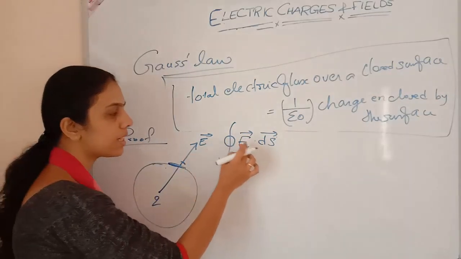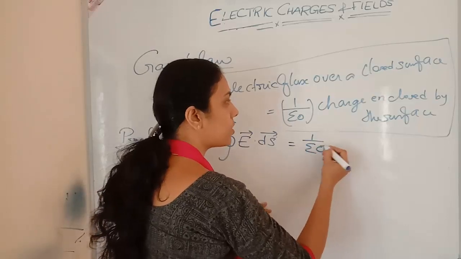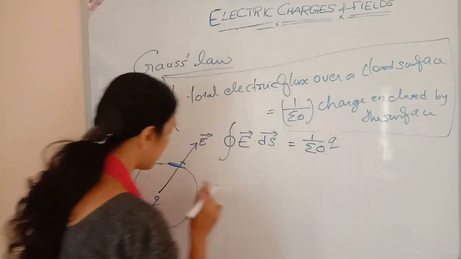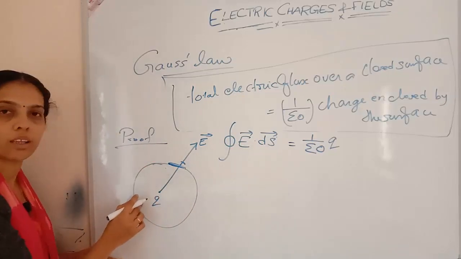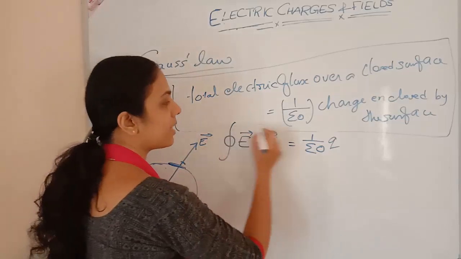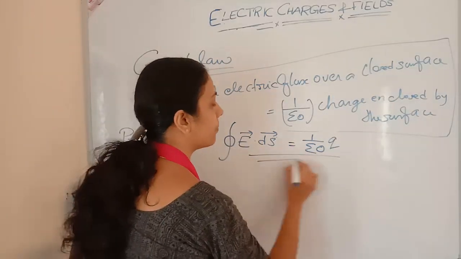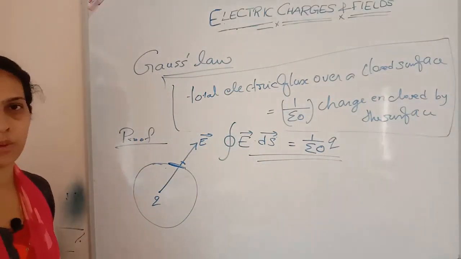So closed integral E dot ds is equal to 1 by epsilon 0 times q, the charges inside. If q1, q2, q3, q4 are there inside, we will add up everything. So this is the representation of Gauss law: closed integral E dot ds is equal to q by epsilon 0.